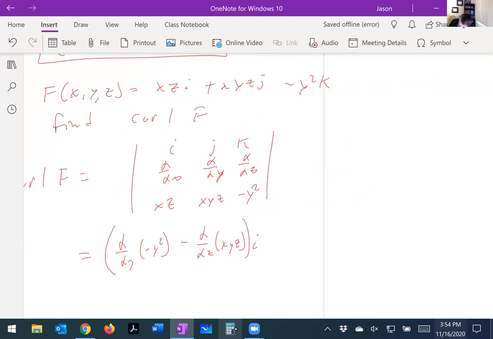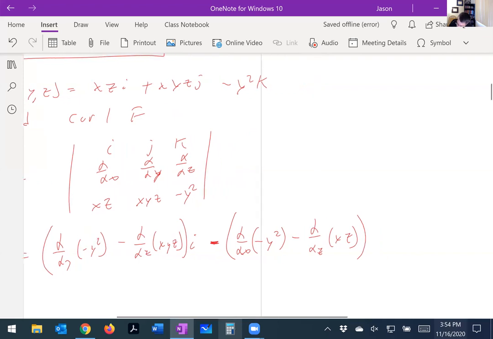So that's the i term, in the i direction. Minus, put the minus there, that's for the minus j. And this is going to be d/dx of negative y squared, which is going to be nothing, minus d/dz of xz, in the j direction.